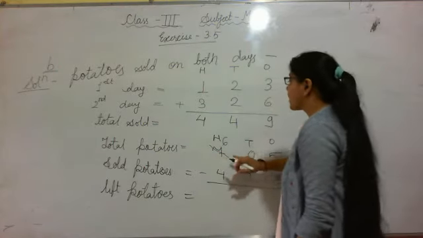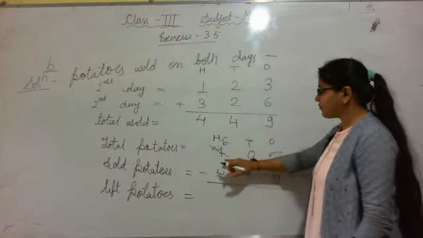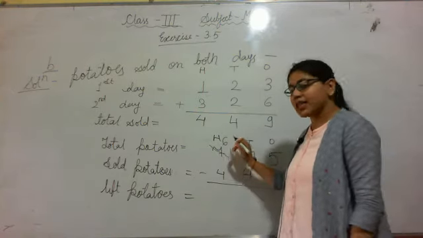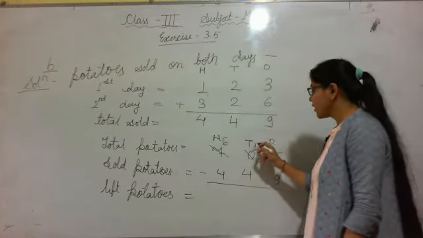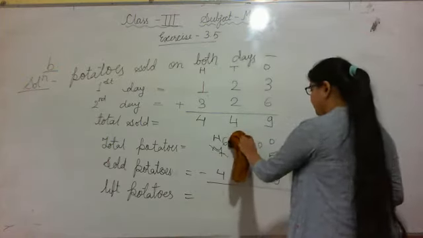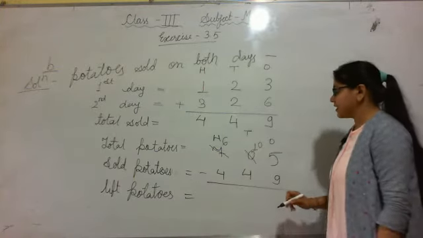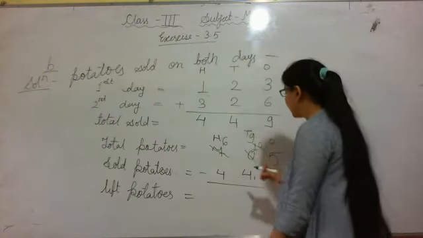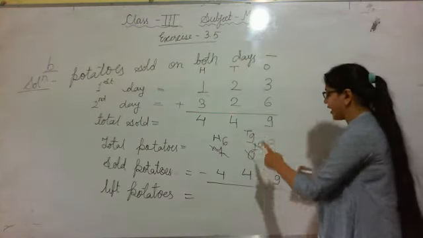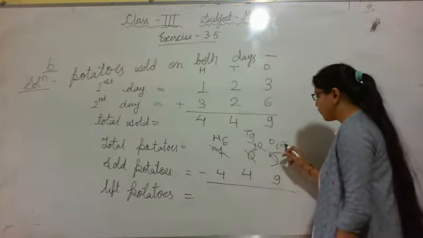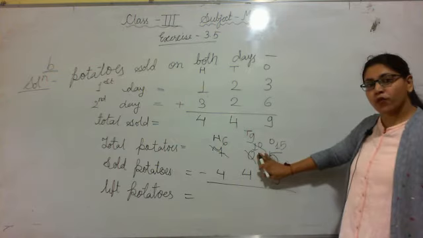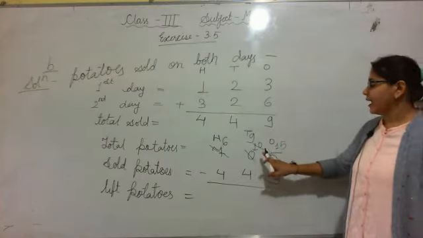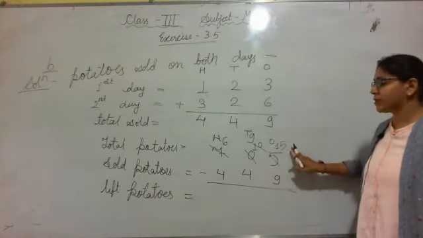This 700 will become 600 and this tens place will become 10 tens. Now we need borrow at ones place. So this 10 tens will give 1 ten to the ones place, and 10 tens will become 9 tens, and 5 will become 15.